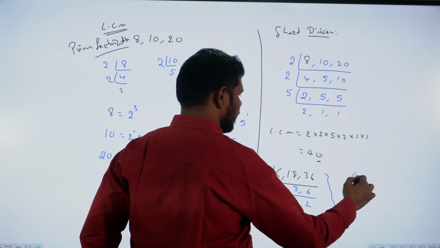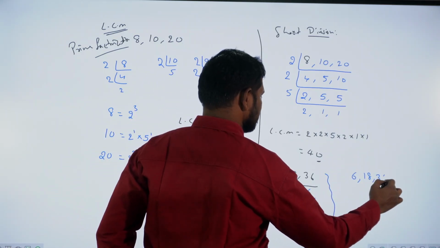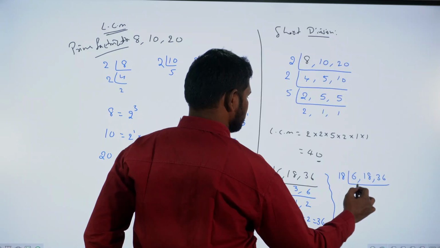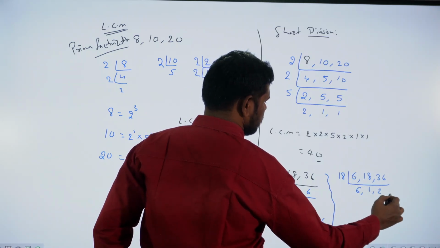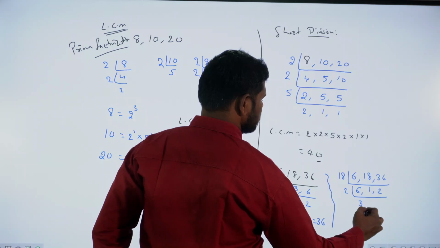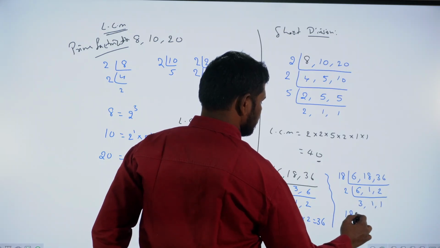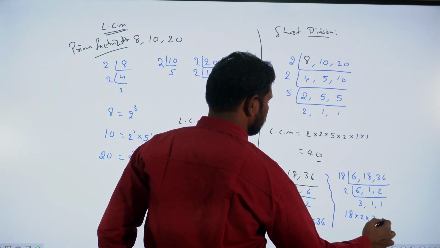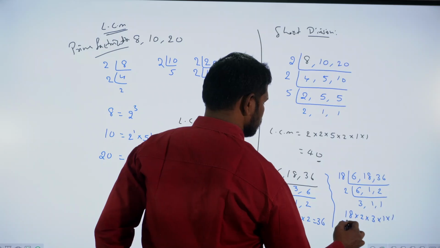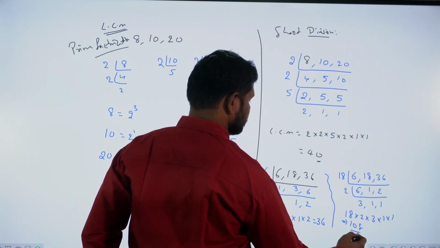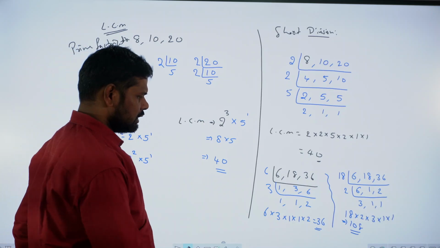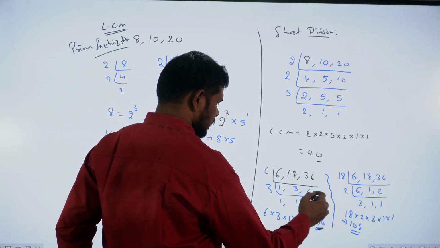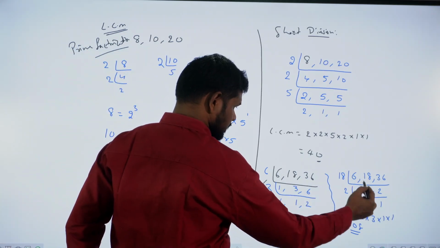But if I go like this with 6, 18, 36, first I divide with 18. 6 is written as it is, then 1, 2. Then 2 by 3, 1, 1 here. 18 into 2 into 3 into 1 into 1. So 108. Which one is correct actually, this one or this one? Least common multiple, so 36 is the least value.